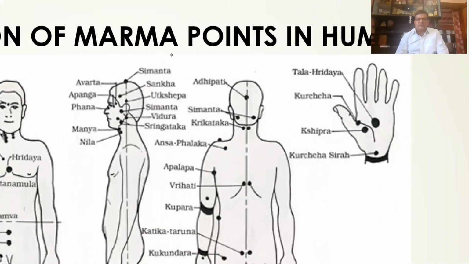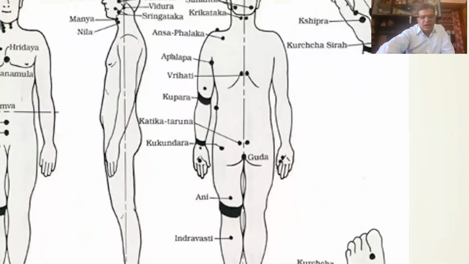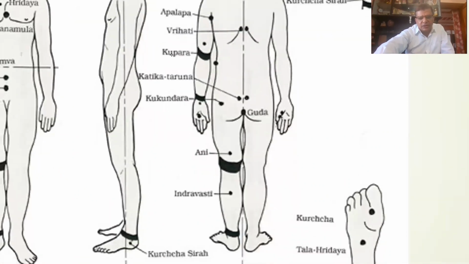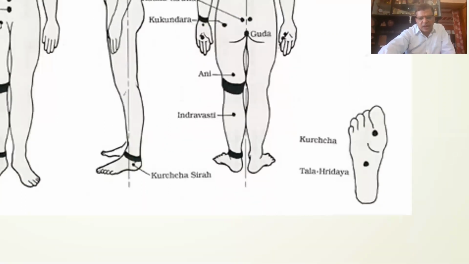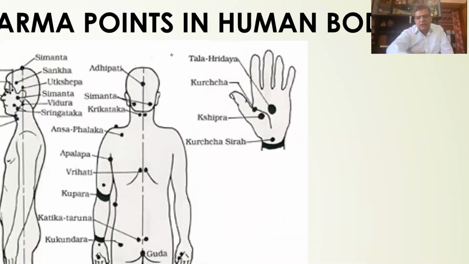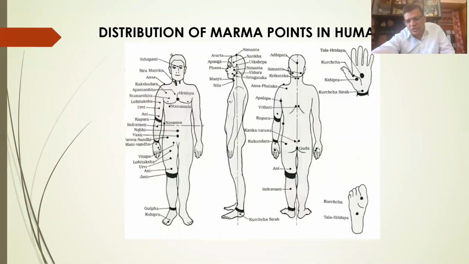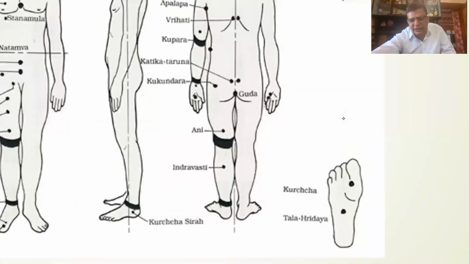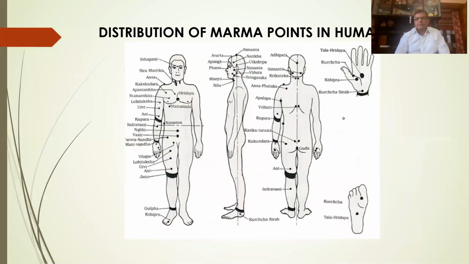From the back side, you can see Adhipati, Simanta, Trikatika, Ansafalak, Apalap, Brihati, Katiktarun, Guda, Ani, Kukundar, Indravasti, and in the palm region, Talhridaya, Kurcha, Kshipra, and Kurchasira. These are the Marma points. And the same in the sole also: Kurchasira and Talhridaya. You can see these Marma points. So this is the distribution of Marma points in the human body.